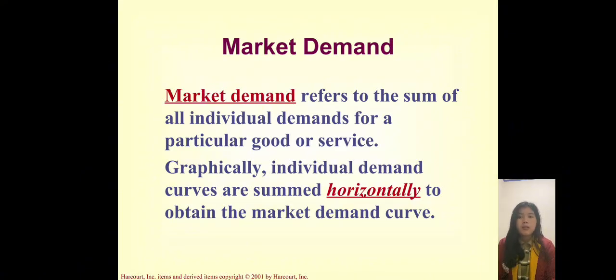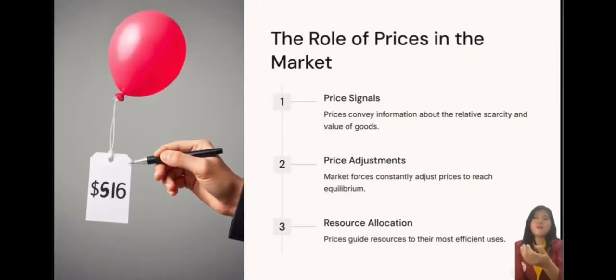Market demand. Market demand refers to the sum of all individual demands for a particular good or service. Graphically, individual demand curves are summed horizontally to obtain the market demand curve. The role of price in the market. 1. Price signals.